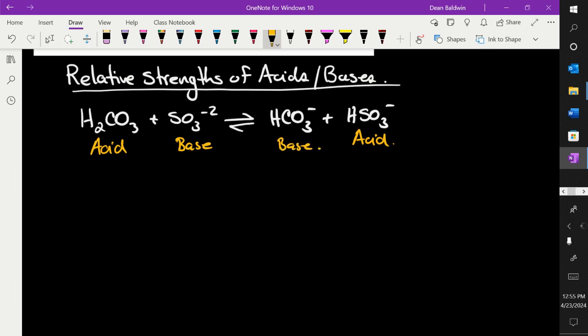Okay. What happens if I take CO3 2 minus, okay, what do I get?